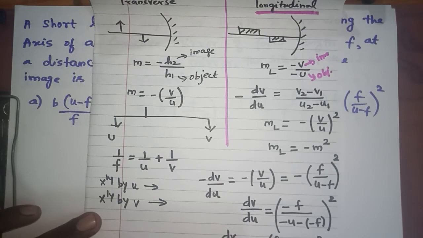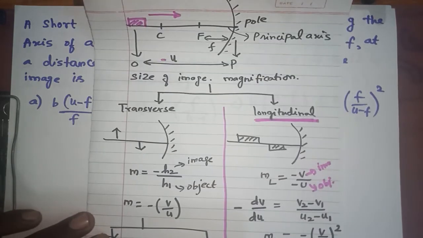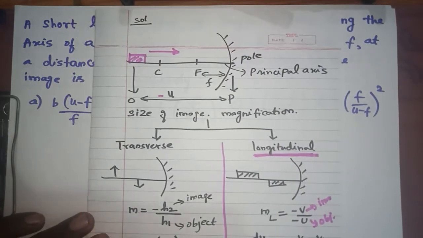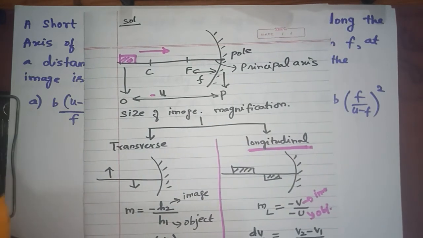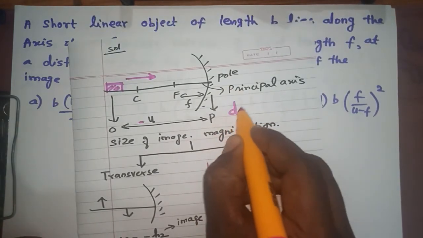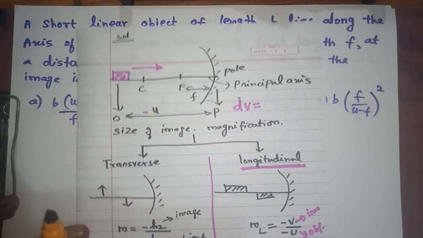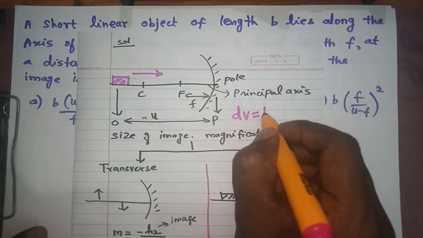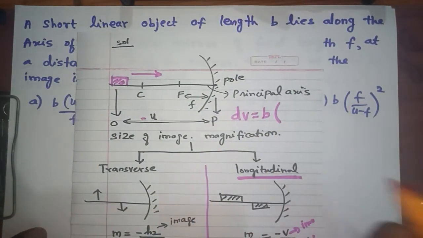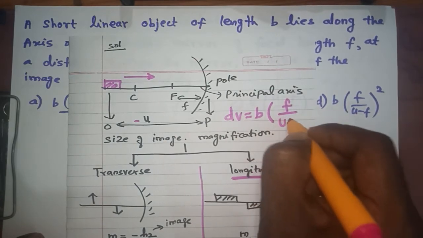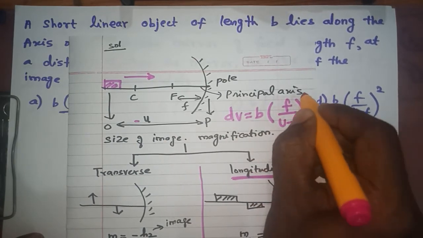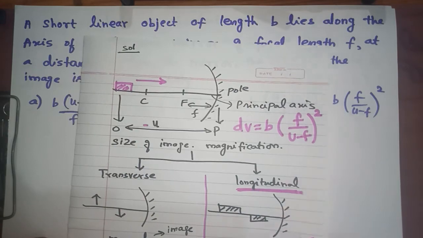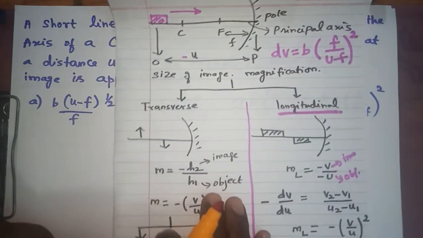So what is my dv by db? From the relation I can find the size of the image. The size of the image dv is equal to b of f by u minus f to the whole square. Alright, so you can go through it once again, right?